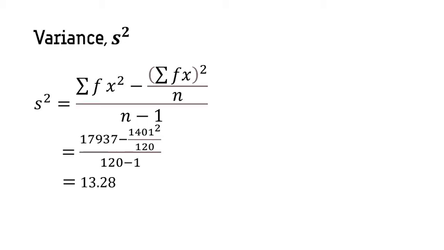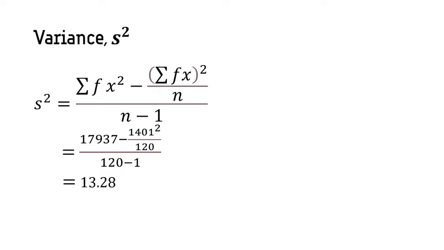To find the variance s square, we will use the formula: the sum of fx square minus the sum of fx in bracket with the power of 2, which is divided by n, and the whole equation will be divided by n minus 1.